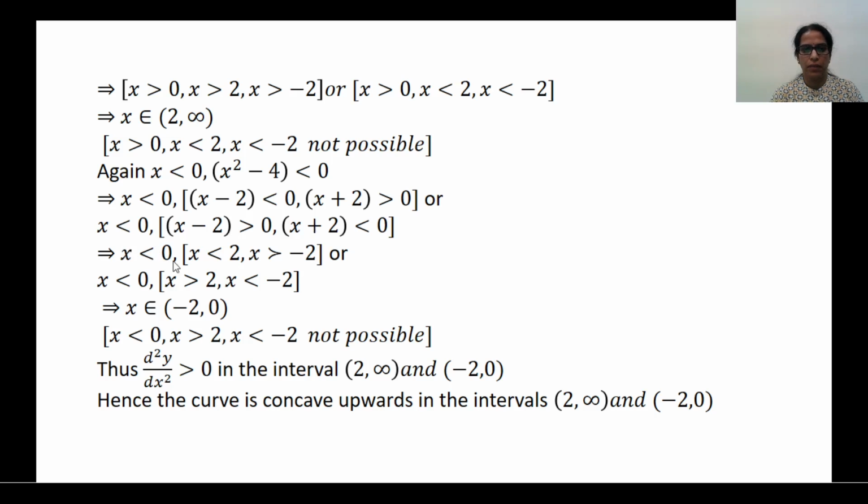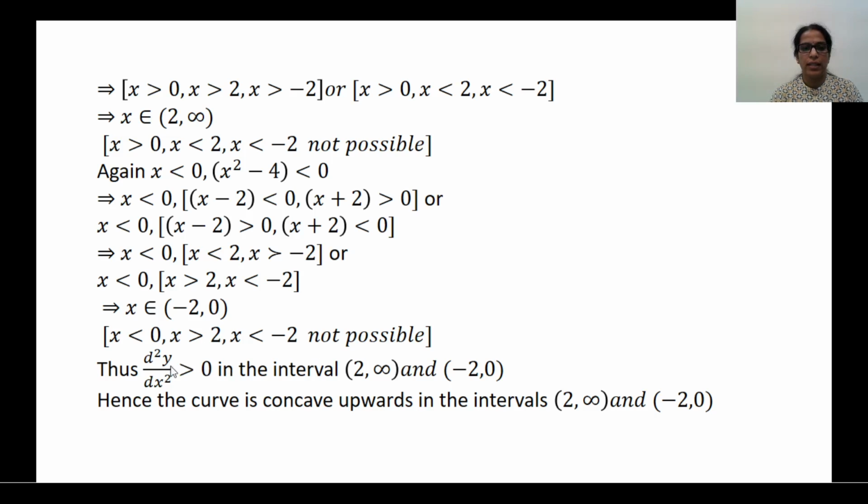Okay, further simplification, x greater than 0, which means x less than 2, x greater than minus 2, or x less than 0, x greater than minus 2, greater than 2, x less than minus 2. So x lies between (minus 2, 0) because the other condition is not possible.